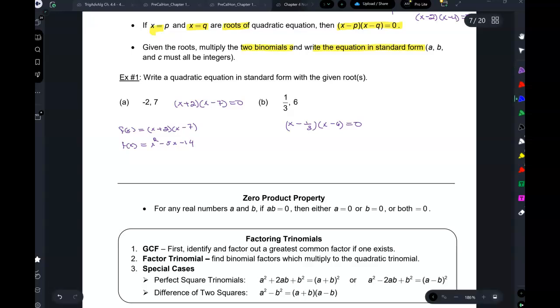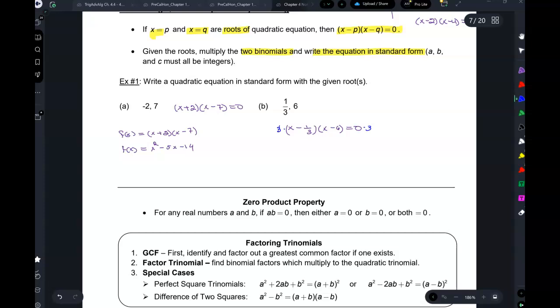But remember, a, b, and c have to be integers, right? So I have to get rid of this fraction somehow. What I do is I have to multiply by 3 on both sides. When you multiply something by a number, you only distribute it to one of the parentheses. If you distribute it to 2, that means you divide it by 3.